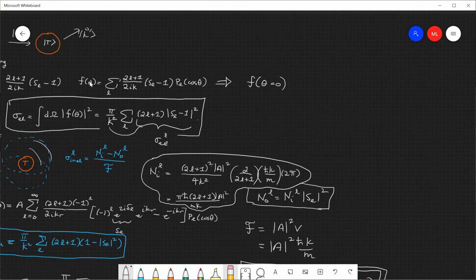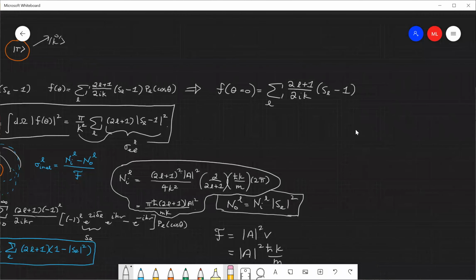If you look at that, you get 2L plus 1 over 2IK, and you get the S_L minus 1, and the P_L evaluated at 1, its cosine is 0. Well, that's easy. That's just 1. And you get the sum over L.